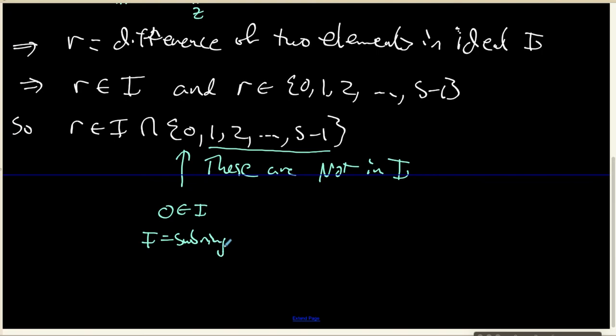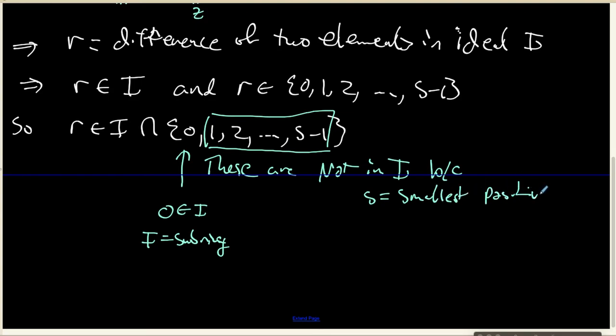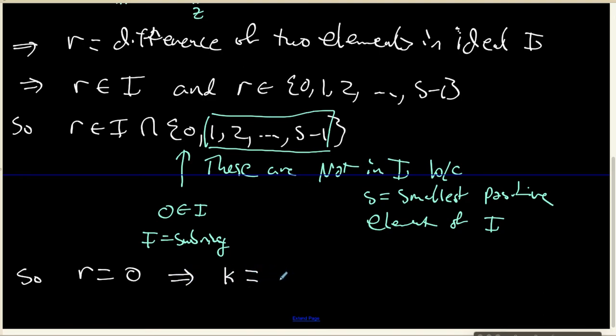All ideals are subrings, and the 0 inside the ring always belongs to the subring. Meanwhile, these elements are not in I, specifically because S is the smallest positive element of I. And so when we look at what we've got now, we know that R has to actually be equal to 0. And that says that K is equal to Q times S, and that says that K actually does belong to the principal ideal generated by S.